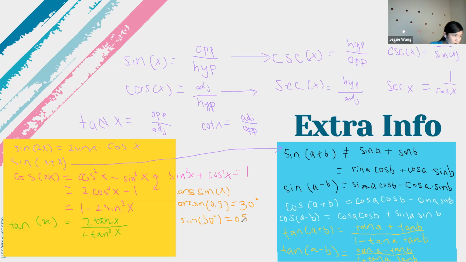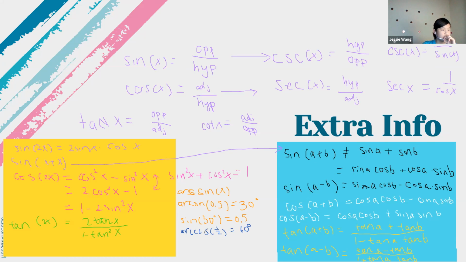So whenever you see arc in front of a function, that means arc of whatever function equals something, and then you want to find what the angle is. So for instance, if I said, let me change to a blue, if I said arc cosine of 1/2, this would equal 60 degrees if I was talking about a triangle.